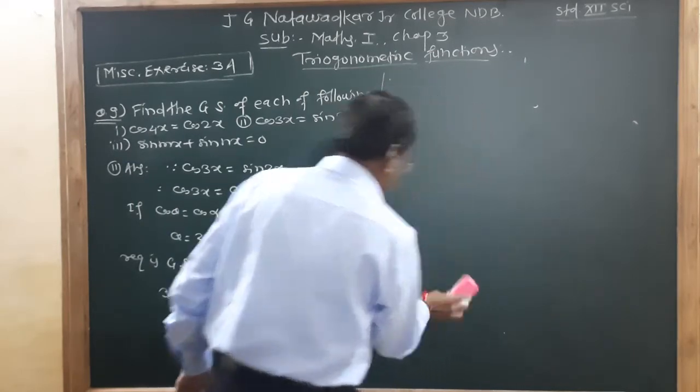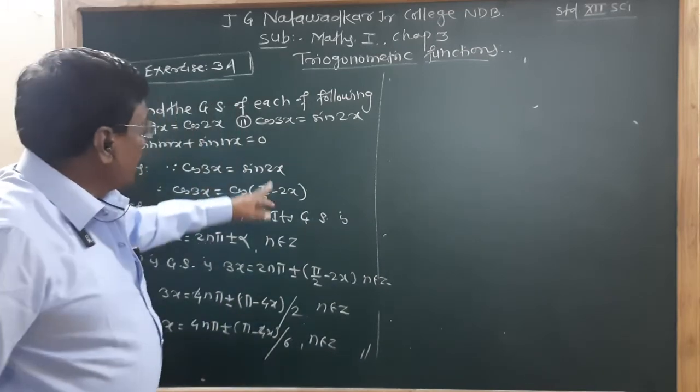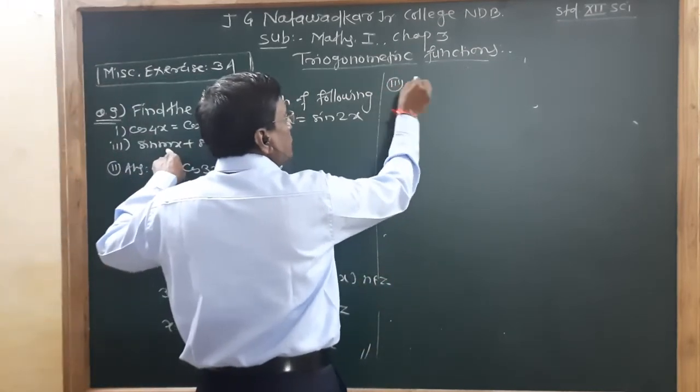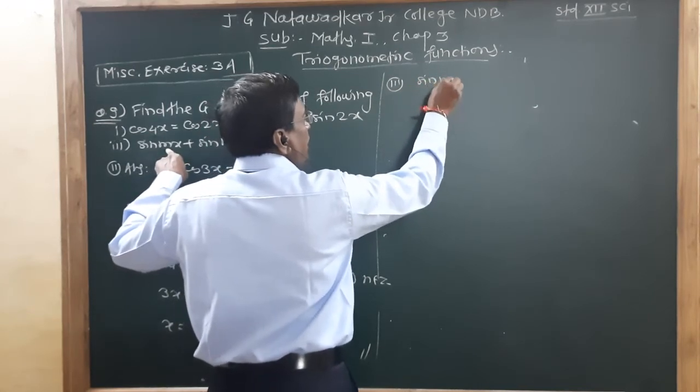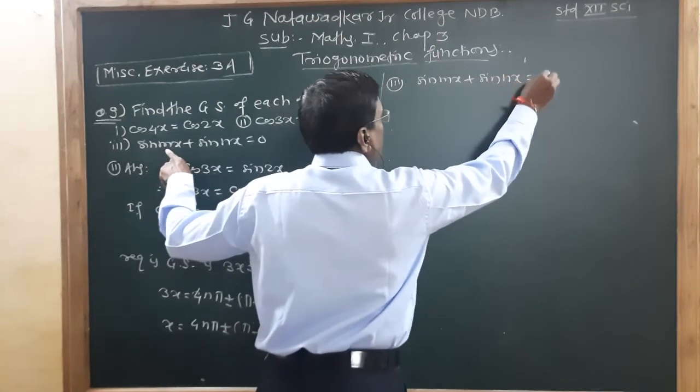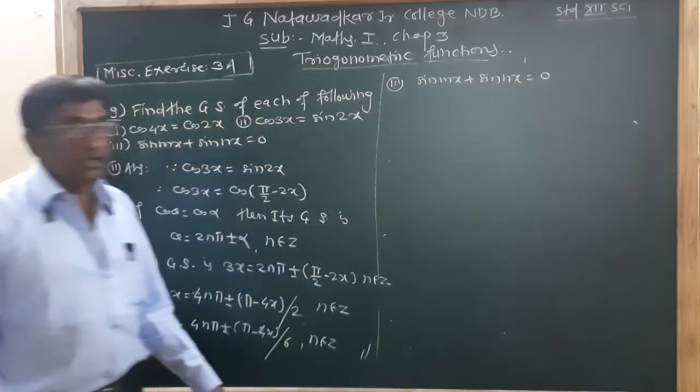Now the third example, which is very simple: sin mx plus sin nx is equal to 0. What is the general solution of this equation?